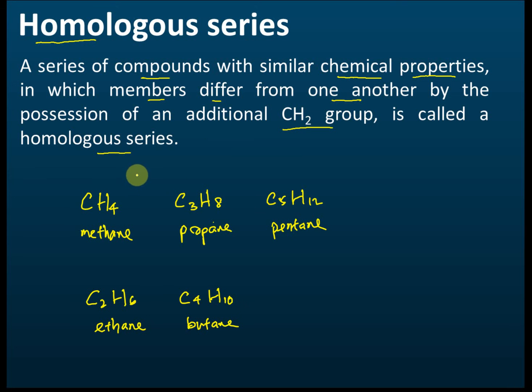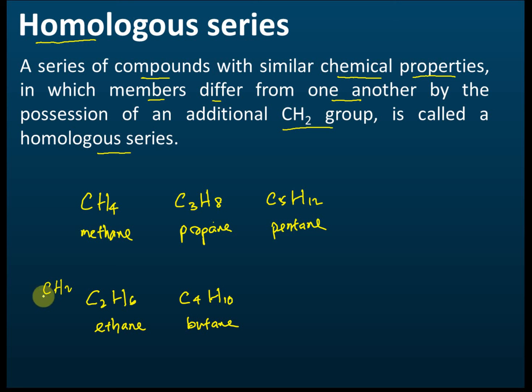From here we can see that we have 5 carbon compounds. The first one is CH4. Actually, this is methane. For the time being, you don't need to worry about the names; we will discuss them later. This is methane, and this is ethane. The difference between methane and ethane is that ethane has 1 additional carbon and 2 additional hydrogens. Methane has 1 carbon, ethane has 2 carbons.